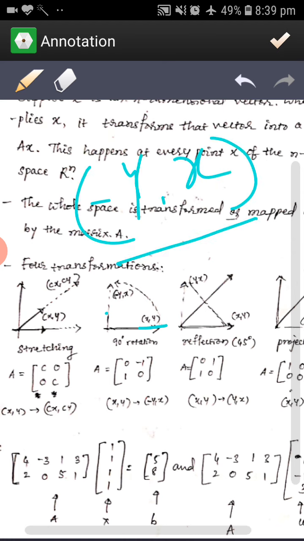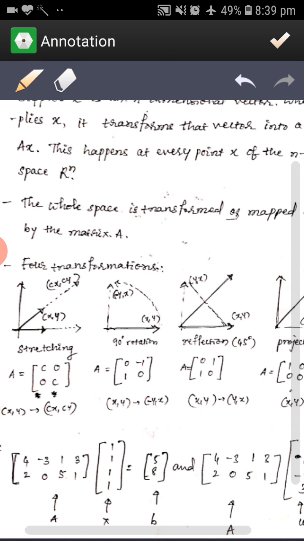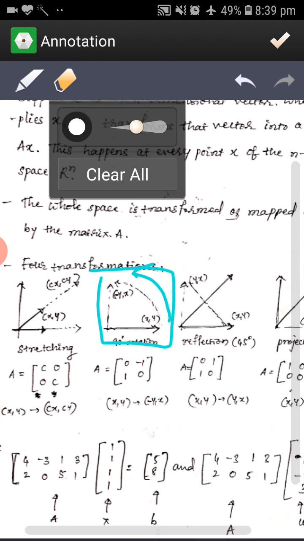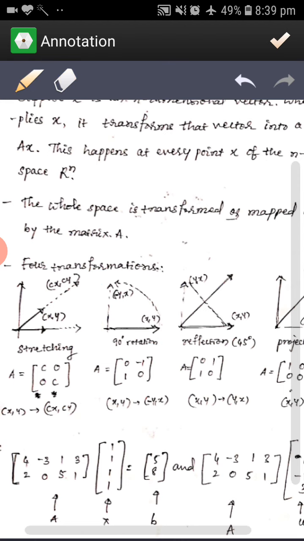If you have the value 2, 2, x is 2 and y is 2, then it will be (minus 2, 2) after the transformation. In the image it will look like this, transferred by a 90-degree rotation. Because of that, we call this projection or image the 90-degree rotation transformation.